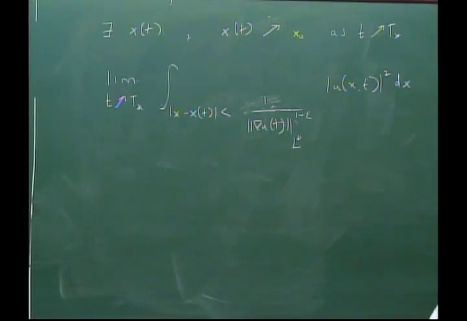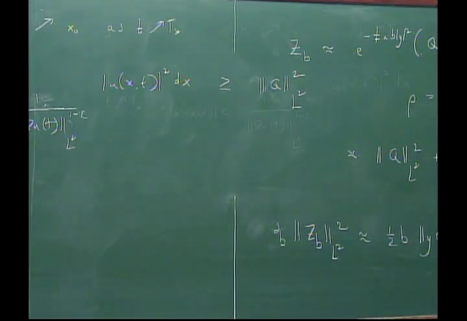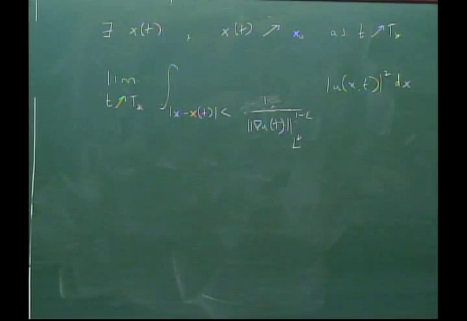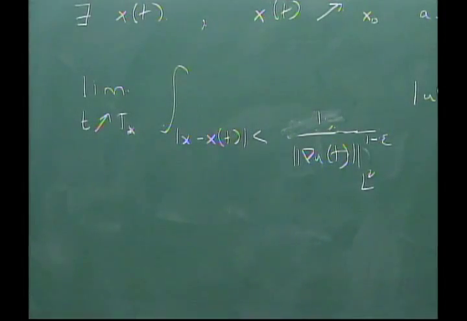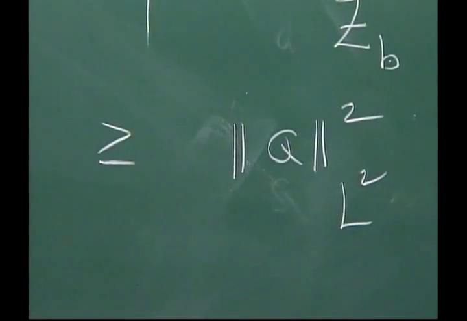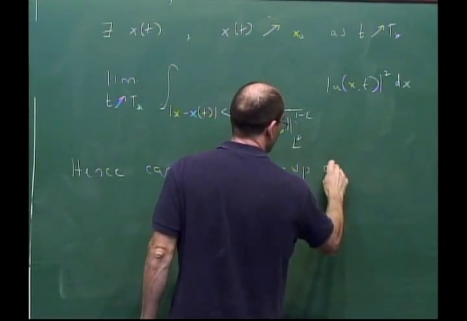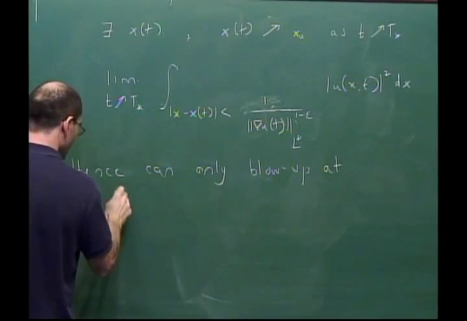All right, so that does not rule out the possibility that you could have concentration at multiple points. And in fact, Merle in the 90s did construct solutions that blow up simultaneously at several different points. But one consequence of this is because mass is conserved, and you only have a finite budget of mass, that you could only blow up at a finite number of points. So hence, can only blow up at a finite number of points.